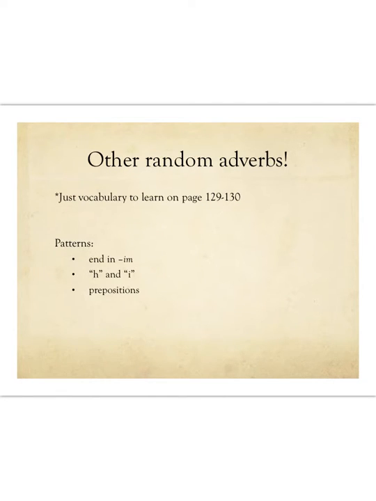There are, in your book, a whole host of other, I would call them random adverbs. And these are really just vocabulary that you need to memorize on pages 129 and 130. You'll notice that a lot of these adverbs end in the letters im, and these are words where the im ending is essentially equivalent to an ly. So something like partim means partly.